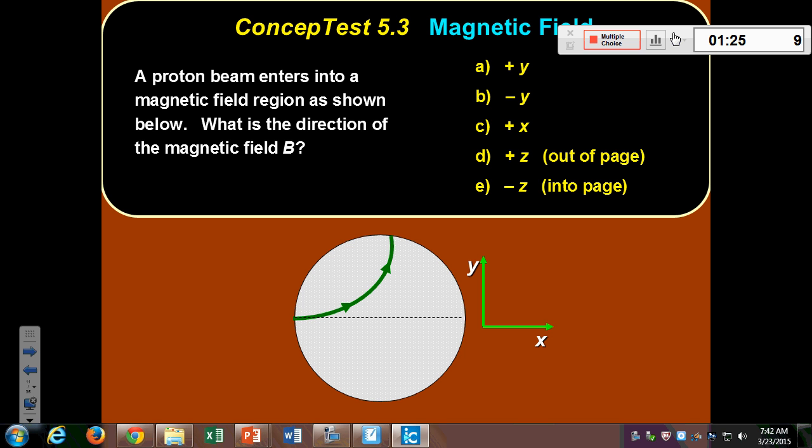But as they enter this magnetic field, they start instead moving up. So what is the force that causes them to move in that circular path? An upward force, right. So I have an upward force that's causing this beam of particles to move up. And now I want to know what direction of the magnetic field causes that upward force. What type of magnetic field will cause this to occur?